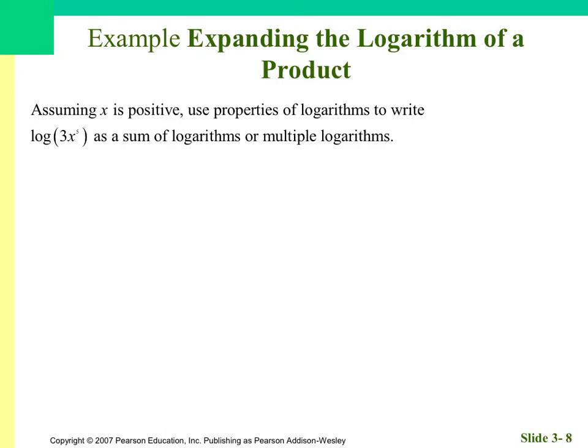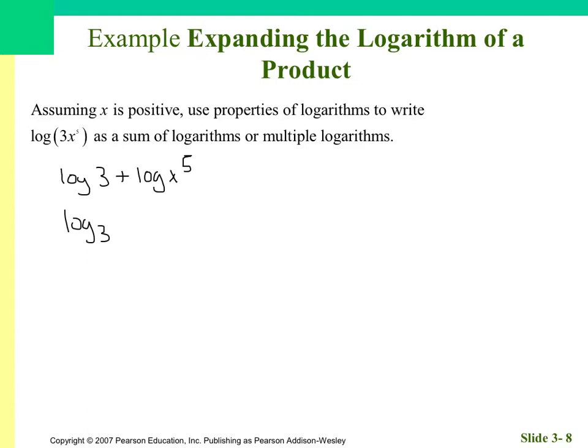Assuming x is positive, use properties of logs to write log base 3 of 3x to the 5th as the sum of logarithms or multiple logarithms. Okay, so multiplication tells me I can do this. But what does the power one tell me I can do?